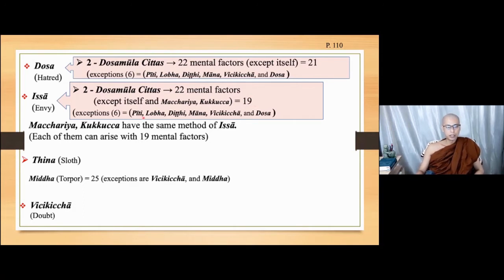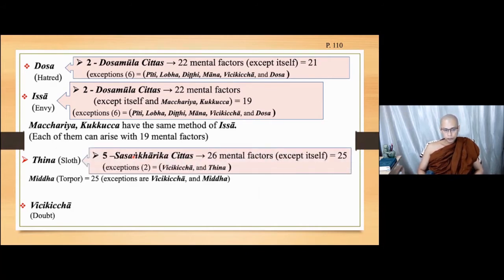So Pita, Lobha, Ditthi, Mana, Vichikicha, and Machariya itself. Then Kukucha the same. So each can arise with only 19 mental factors. Then Thina and Middha arise with the 5 Sasankharika Chitta.